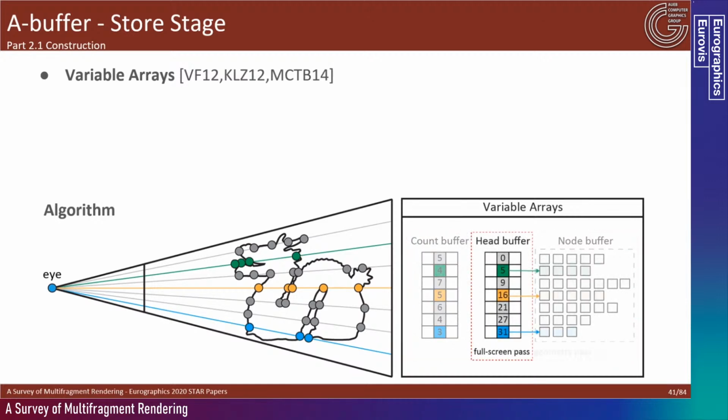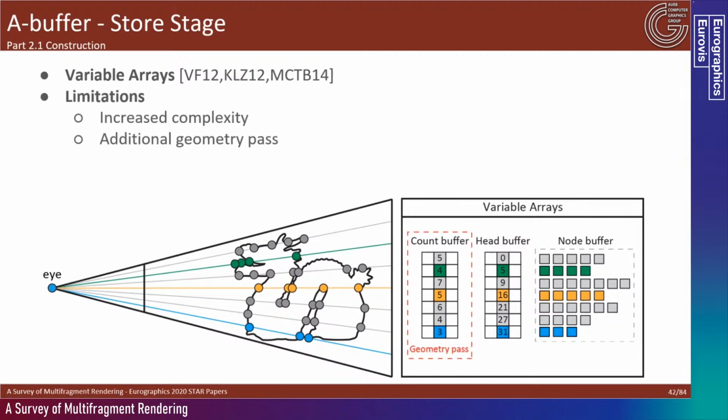First, one geometry pass to count the exact number of fragments needed for the allocation, and second, a screen space pass which computes the per pixel head pointers through a prefix sum operation, and finally this is followed by the actual geometry pass which fills the memory space using the information stored in the head buffer.